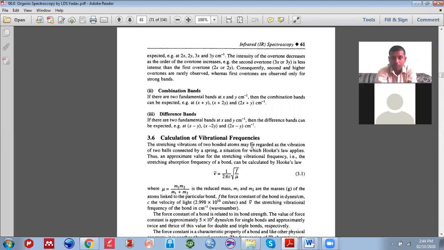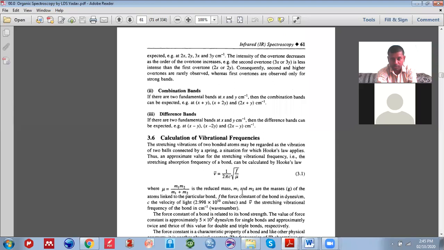Calculation of vibrational frequencies: I have already told about Hooke's law. Hooke's law is nu bar equal to 1 by 2 pi c root over k upon mu. Here k is written as F, the force constant. In several books it is written as k upon mu.